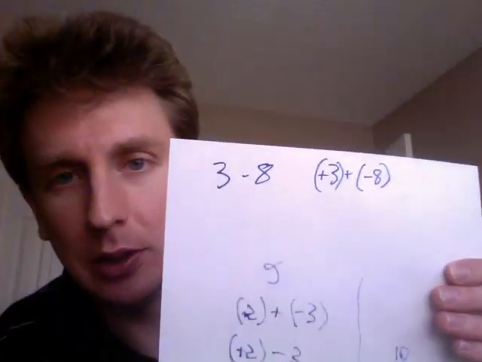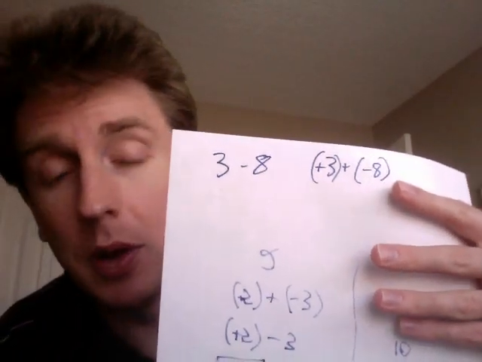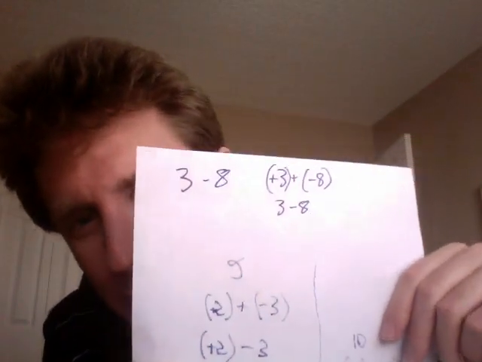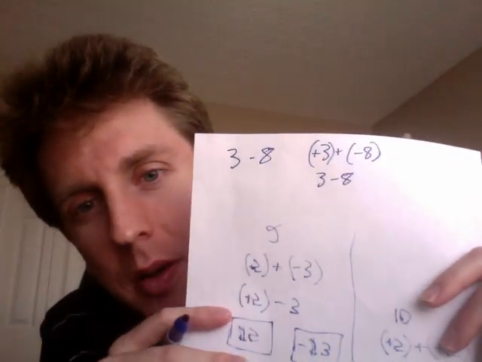Honestly, if you have something like this, if you have it shown to you as positive 3 plus negative 8, there's absolutely nothing wrong, just if you want to make it simpler for yourself, in turning that into 3 minus 8. Because we're used to thinking of just addition, subtraction, correct? So what is the new temperature if it was 3 degrees and it goes down by 8?